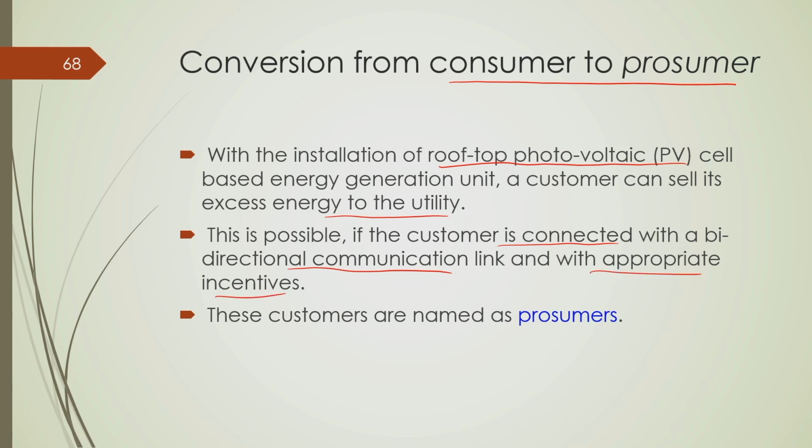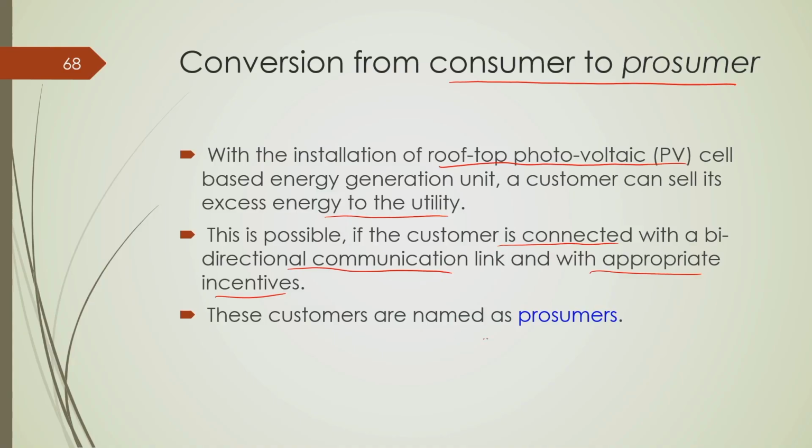Then only the customers will be interested to install rooftop PV on top of their house and participate in selling this energy. These customers are called prosumers. Prosumers means they are electricity producers as well. So, those customers who consume as well as produce are called prosumers.